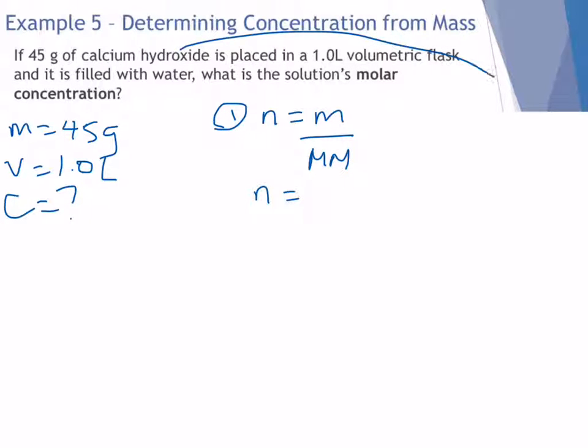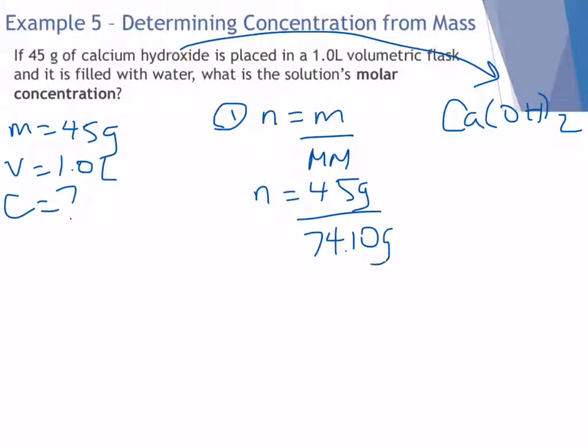And calcium hydroxide is CaOH2. If you need to review your naming rules, please find the appropriate video. So we're going to do 45 grams divided by our molar mass, 74.1 grams per mole. So grams cancel, and we're left with 0.607 moles. Always keep extra significant digits in your intermediate steps.